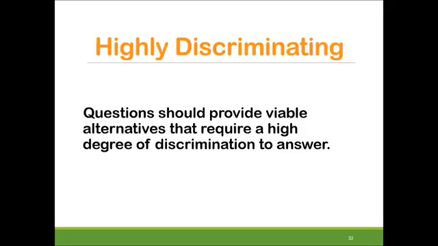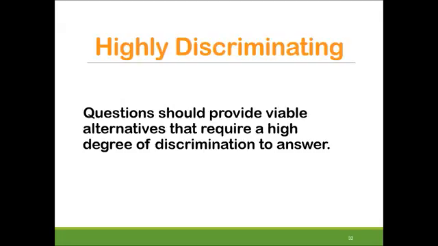And finally, the highly discriminating component. Questions really have to have viable alternatives presented as answer choices. If the answer choices are resulting in those response frequencies that I showed you earlier, where nobody's picking D, nobody's picking E, there's a problem there, because that means that you don't have a real set of highly discriminating options, and it makes it, frankly, much easier.